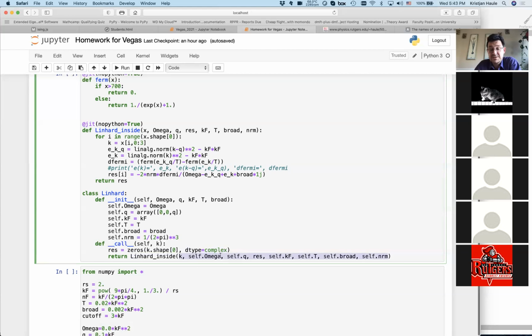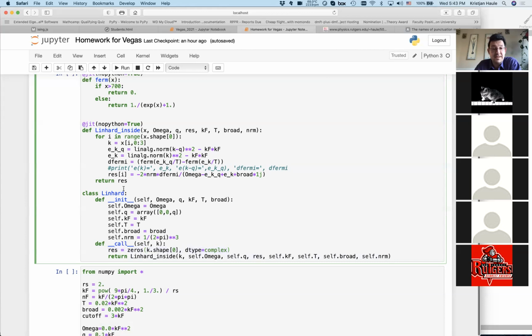For example, it knows the frequency, knows Q, knows KF, knows temperature, knows broadening, knows normalization, and it also gives the current place where we're going to store things, so that we don't allocate the rest twice. So I think this is probably slightly more efficient.